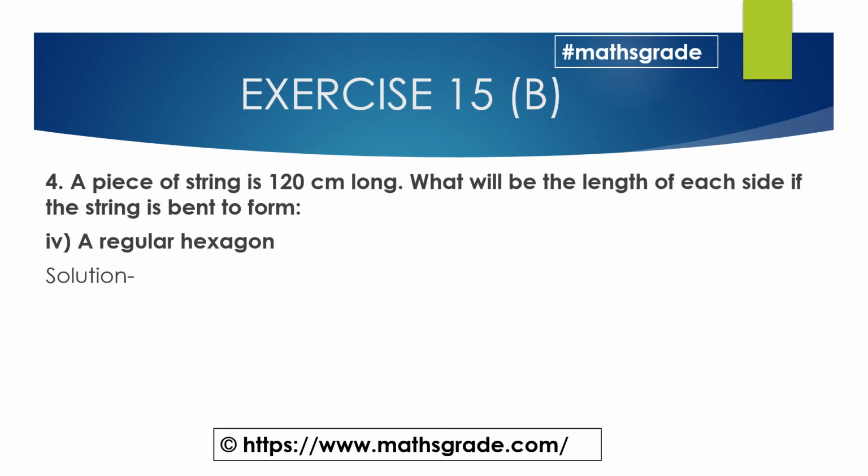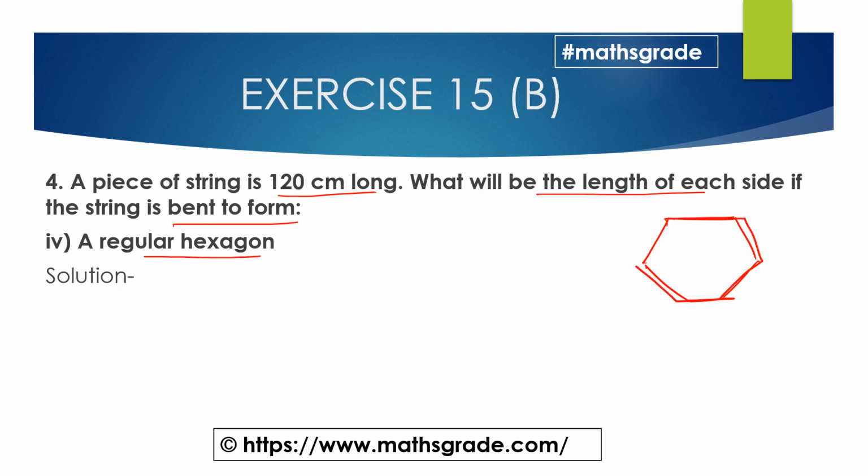Now question number 4b. A piece of string is 120 cm long. What will be the length of each side if the string is bent to form a regular hexagon? Here the length of the string is 120 cm, which is the perimeter, and the string is bent to form a regular hexagon.